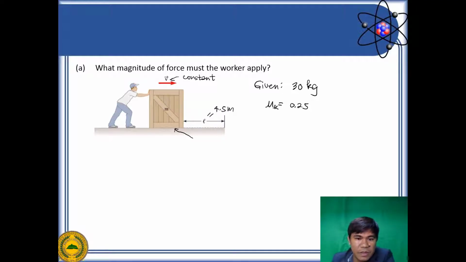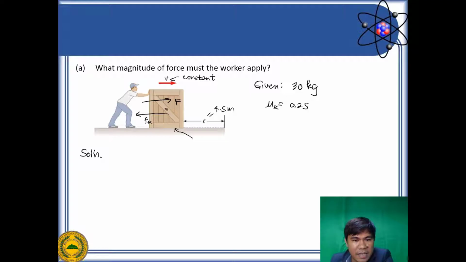Now, to answer this, we first establish the free body diagram. In this diagram, the human being is exerting a force F. We know that friction is present at the bottom, so the friction is towards the left and is denoted by Fk.